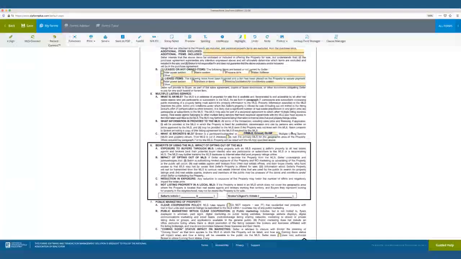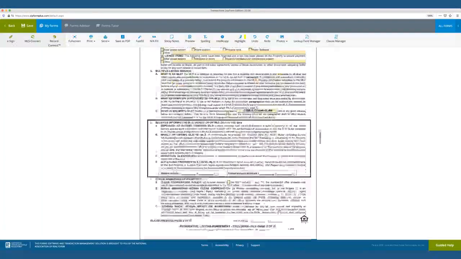And then it talks here about the benefits of the MLS. The MLS exposes the property to such a bigger pool. I know that a lot of agents like to exclude from the MLS and market it themselves, trying to get a buyer on their own.